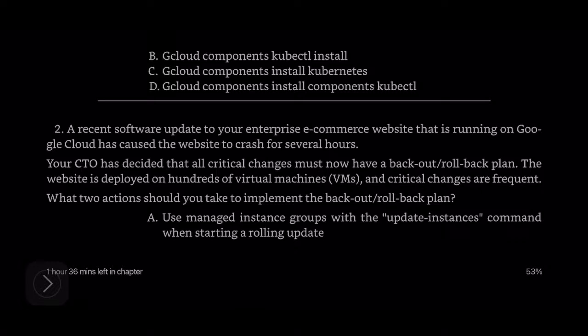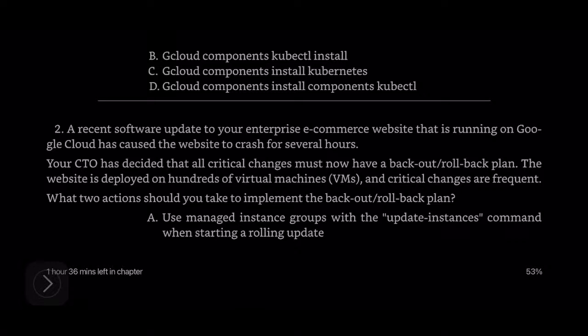2. A recent software update to your enterprise e-commerce website that is running on Google Cloud has caused the website to crash for several hours. Your CTO has decided that all critical changes must now have a backout rollback plan. The website is deployed on hundreds of virtual machines, VMs, and critical changes are frequent. What 2 actions should you take to implement the backout rollback plan?